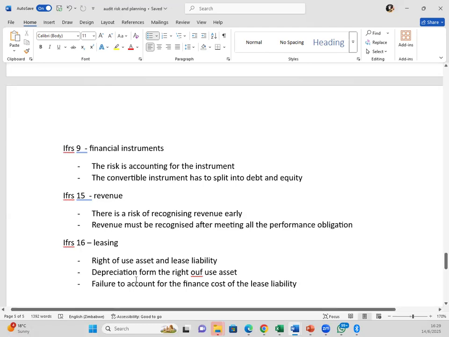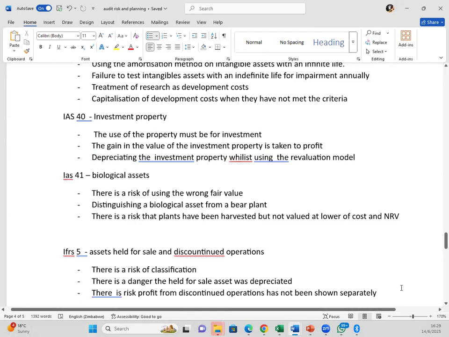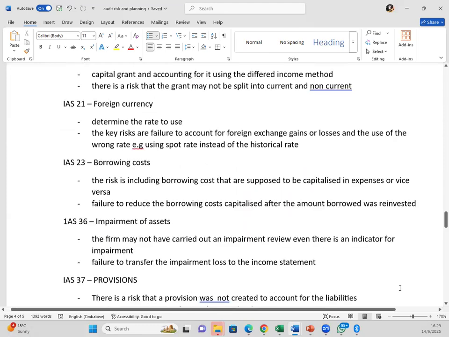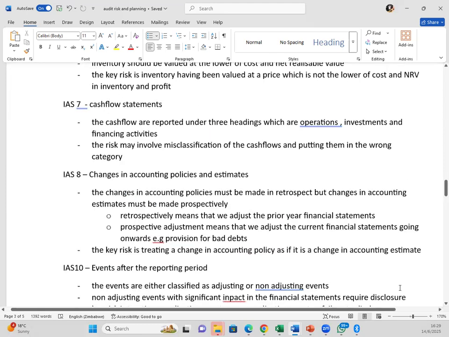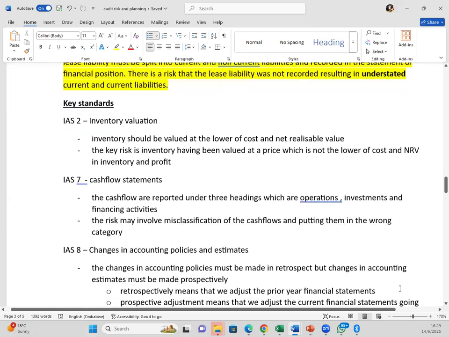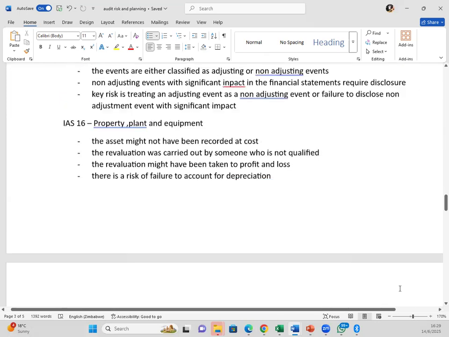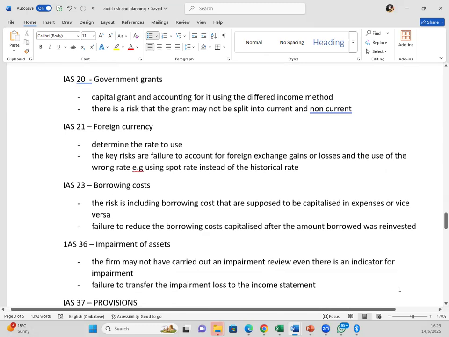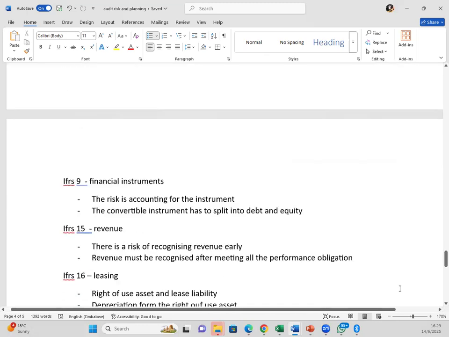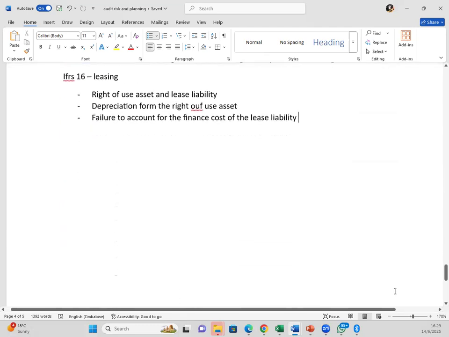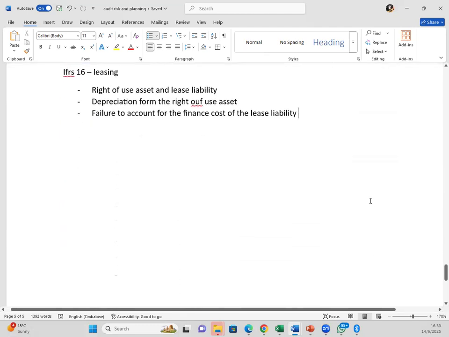So these are some of the areas that you need to watch out for as an auditor. Remember, as an auditor, with audit risk, you are digging into the financial statements of the client, trying to figure out where there could be errors and mistakes. So having all this in mind, you then need to align with the question.